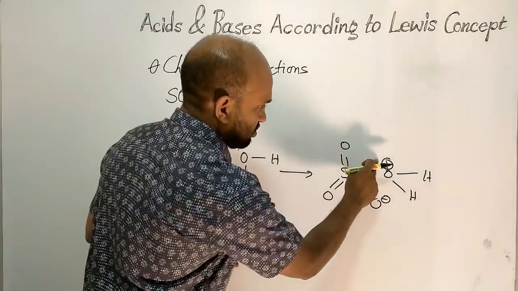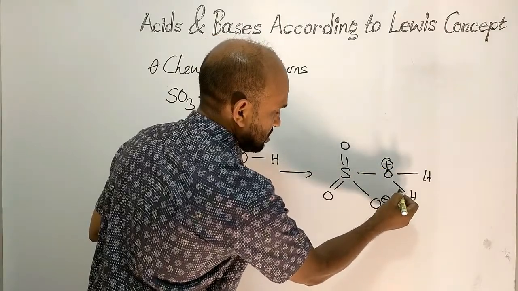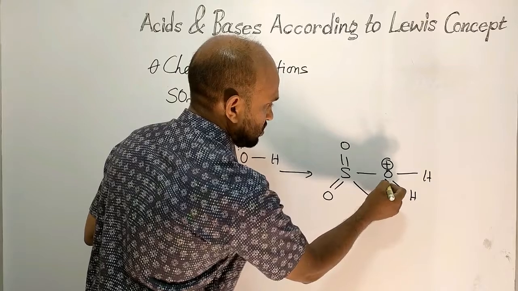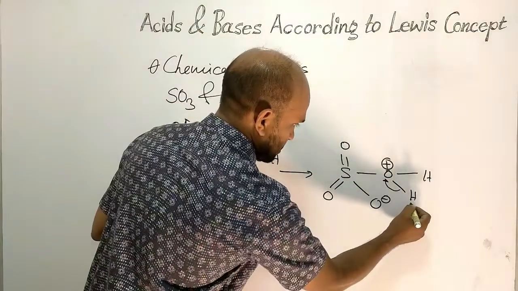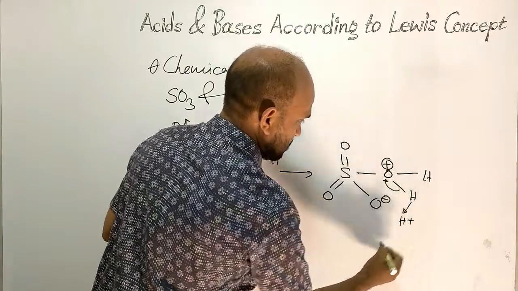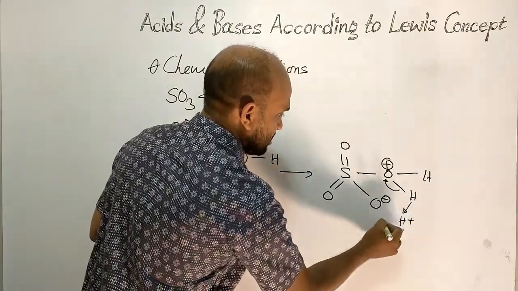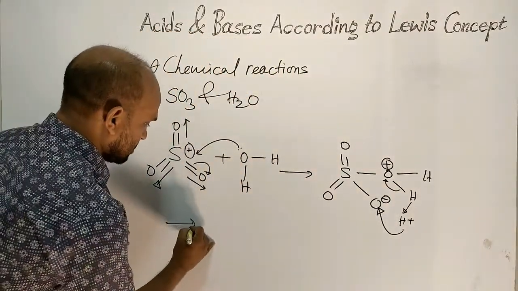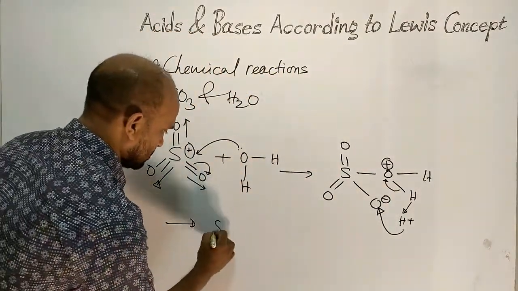Now, because of this positive charge, this bond pair of electrons turn into lone pair of electrons, and this hydrogen gets freed as proton. This proton combines with negatively charged oxygen, and after that this compound is formed.